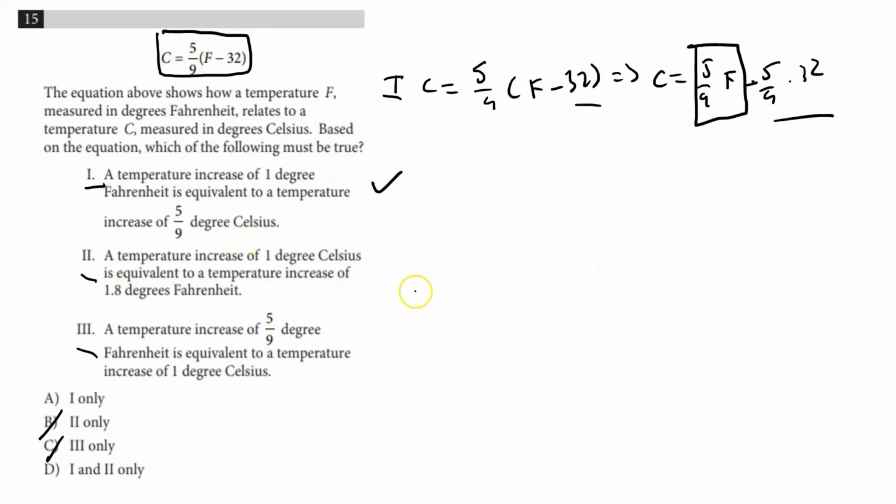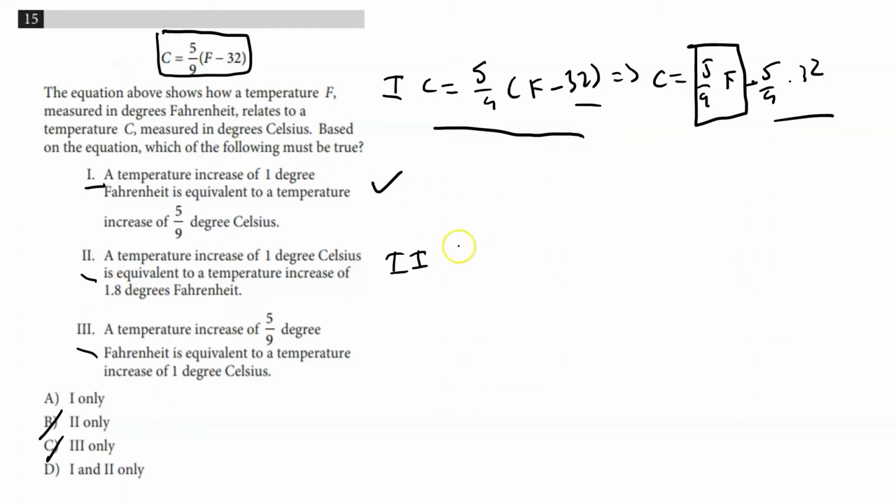A temperature increase of 1 degree Celsius is equivalent to a temperature increase of 1.8 degrees Fahrenheit. So if we test this, 1 degree Celsius, what does this mean? It means that we're trying to look at the inverse relationship of the equation we're given.